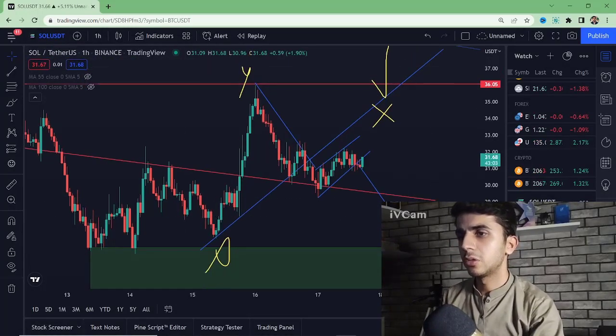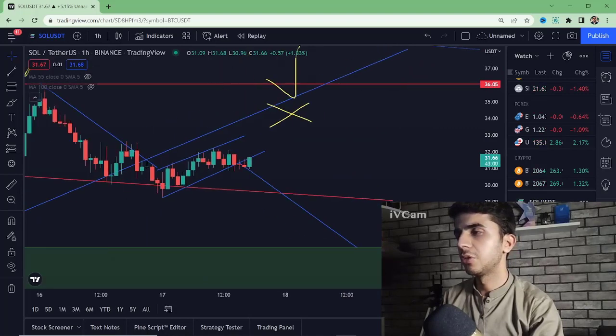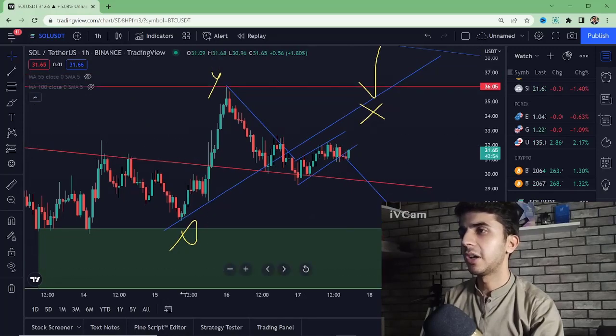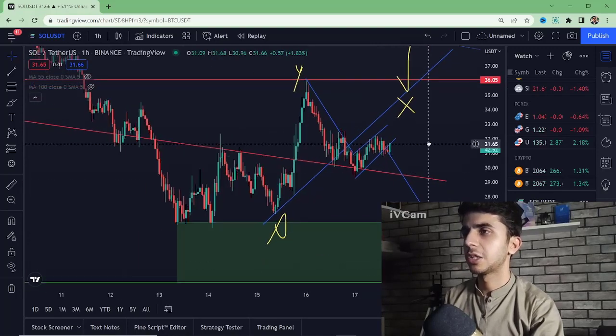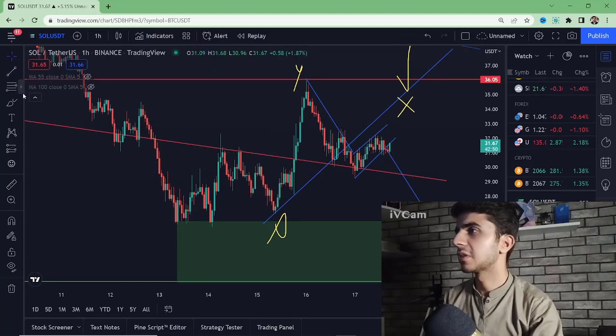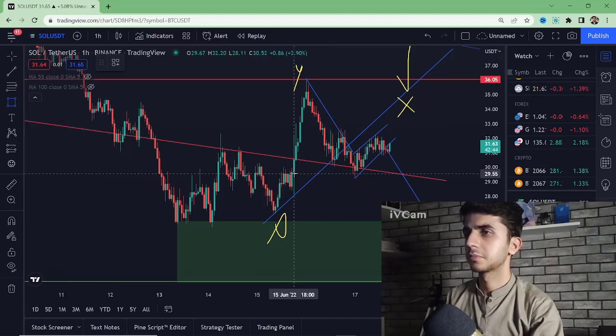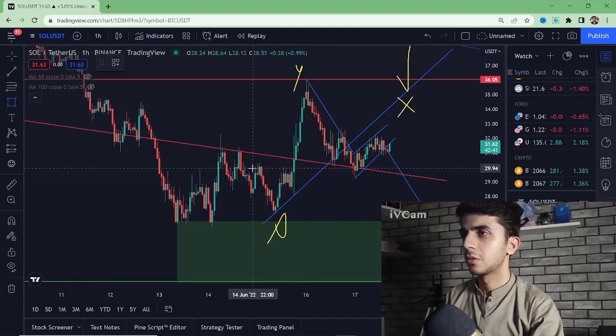Okay, SOL is showing a bearish pattern, but at the same time its price action is showing strength. Let me just get you there. So this was the zone.